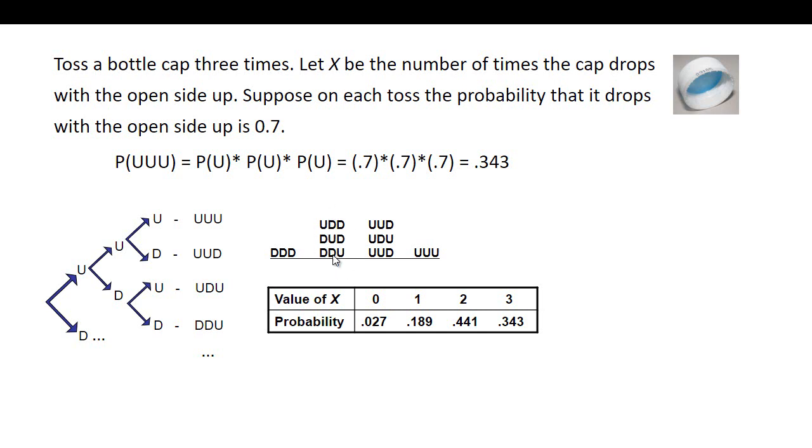The event x equals 1 has 3 outcomes here, and the probability of each of these outcomes would be what? Well, the probability of each of these outcomes would be 0.3, 0.7, 0.7. If you multiply them, what do you get?